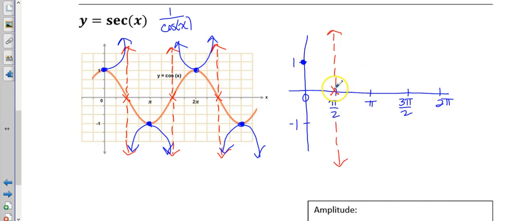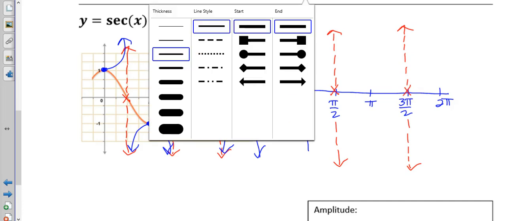So as it approaches 0, that's not okay. This will be fine, comes low, comes back up. It would have been a 0 here for cosine, which is no bueno for secant. And so it was going to come down, can't go there. Comes down, that's fine, comes back up, can't be here, and then comes back up.